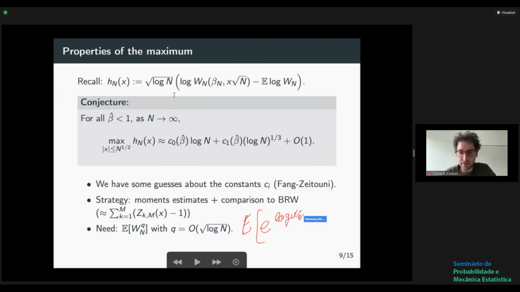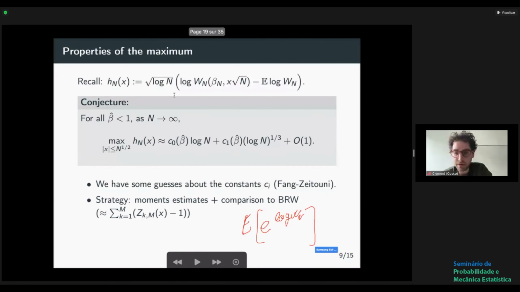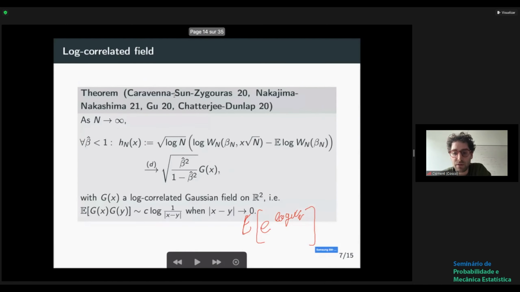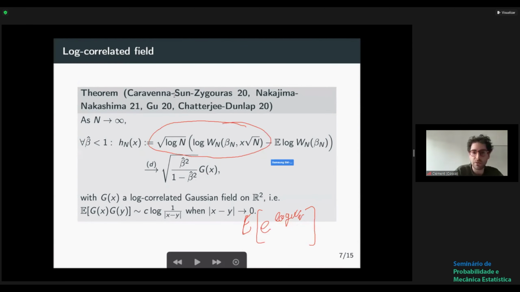But remember that in fact, we are not exactly looking at log of Wn as a field, but at log of Wn multiplied by some square root of log n. So in fact, we need to understand moments of order square root log n times log of Wn. And this becomes Wn to the power of q, where q can be of the order square root log n.